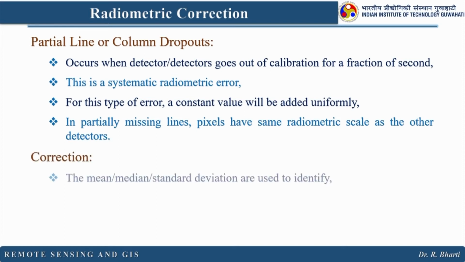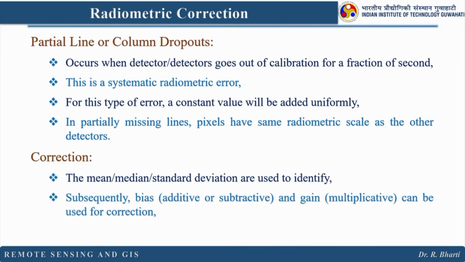So, how do we correct this one? The mean, median, standard deviation can be used here, right. So, we will identify such partial line or column dropouts, and then how will we correct this one? Subsequently, bias is basically additive or subtractive, and gain can be used for correction.